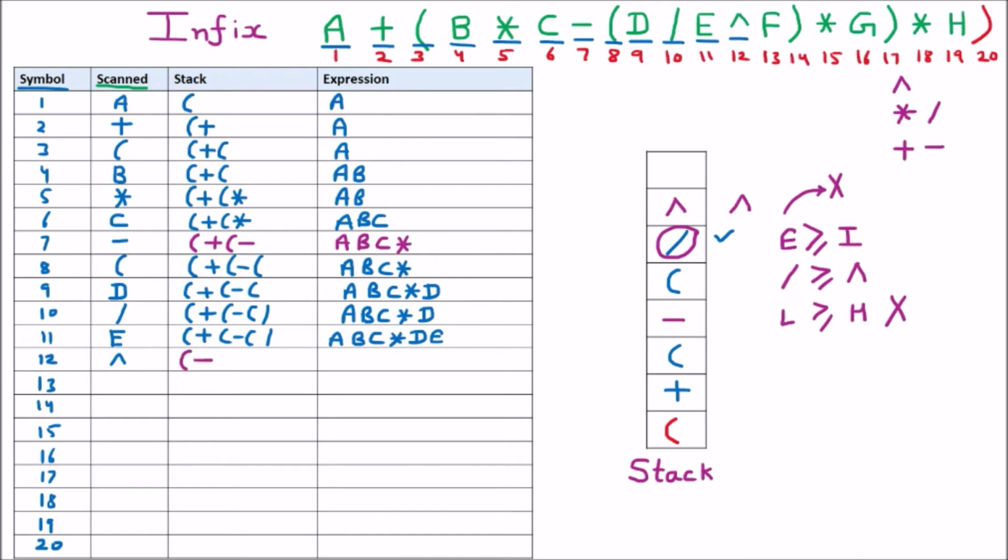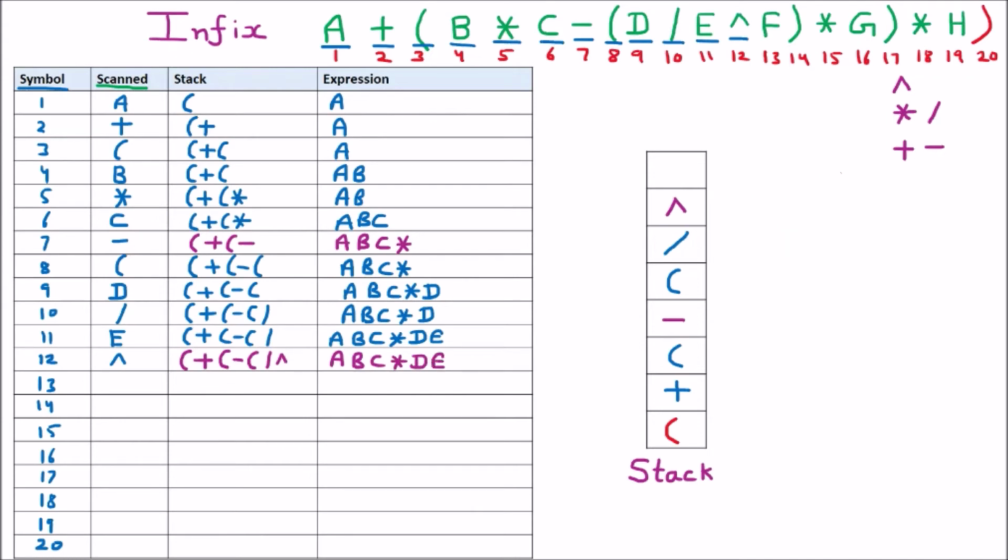So bracket plus bracket minus bracket divide and power are together, because divide was low and power was high precedence. So low is there, high is coming, no problem. The expression will be the same: A, B, C star, D and E.